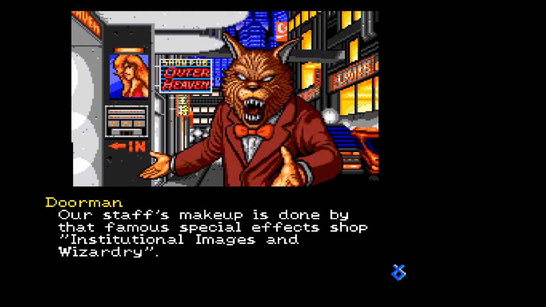Institutional Images and Wizardry. That's a parody of Industrial Light and Magic.